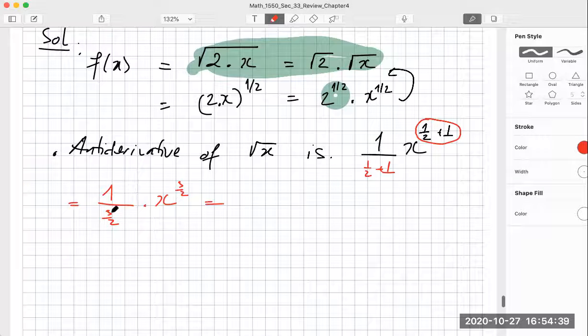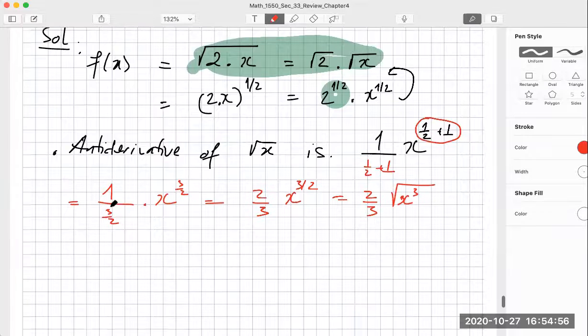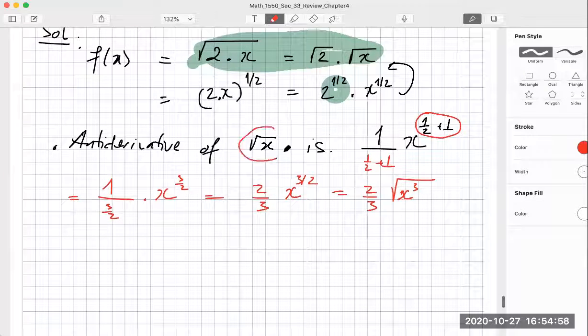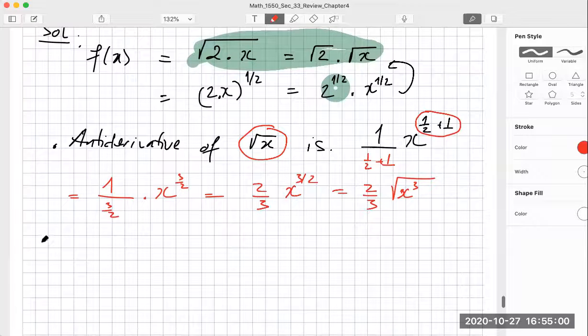And 1 divided by 3 over 2, the reciprocal, becomes 2 over 3, x to the 3 over 2, or 2 over 3, square root of x cubed.